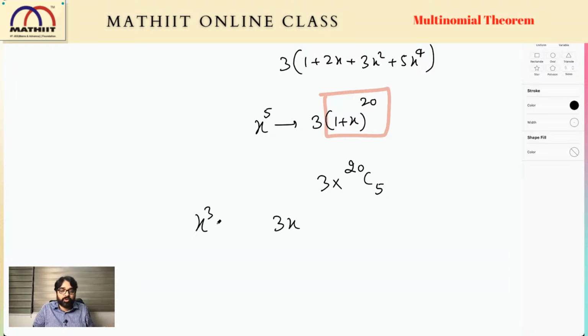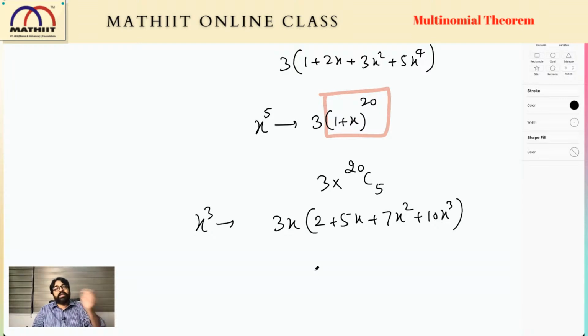Now imagine somebody asks you, what is the coefficient of x cube in 3x into (2 plus 5x plus 7x square plus 10x cube)? In this question, forget about the multinomial, simple. So how will you do? You will multiply 3x and then calculate.